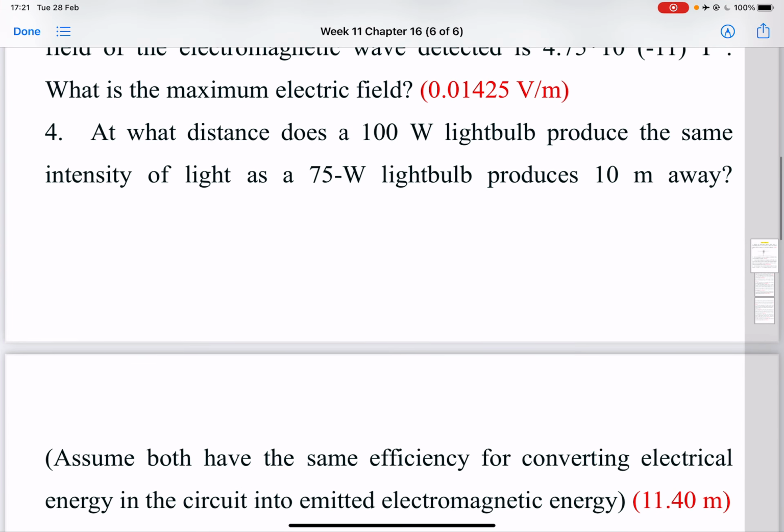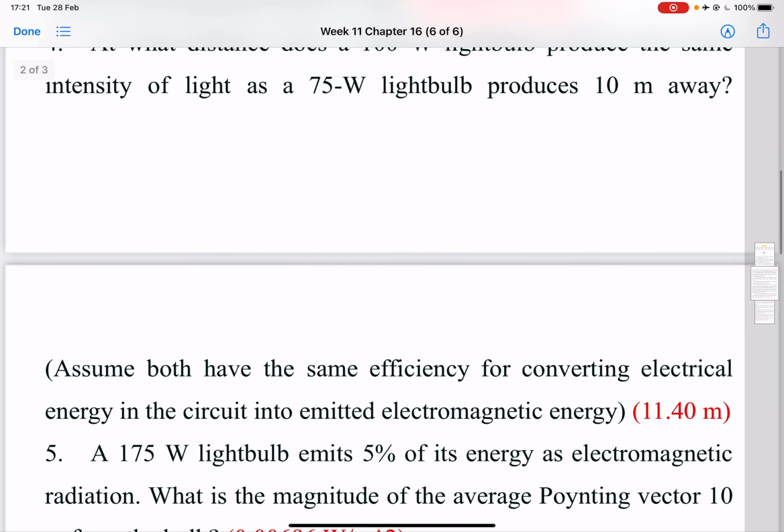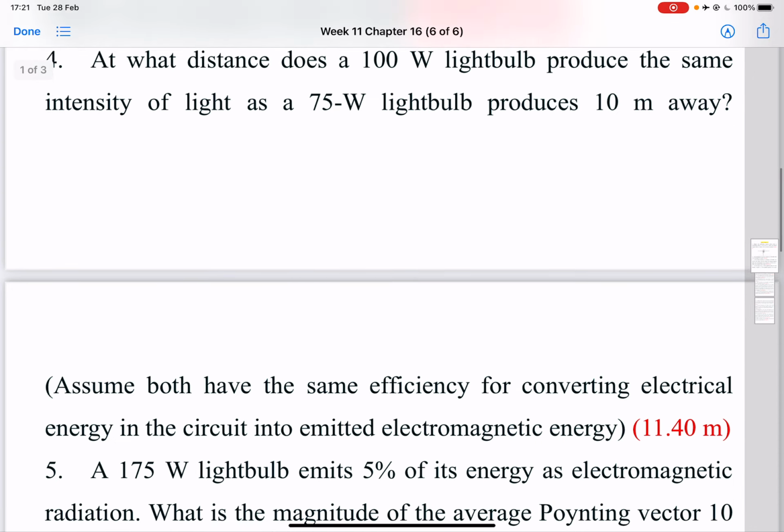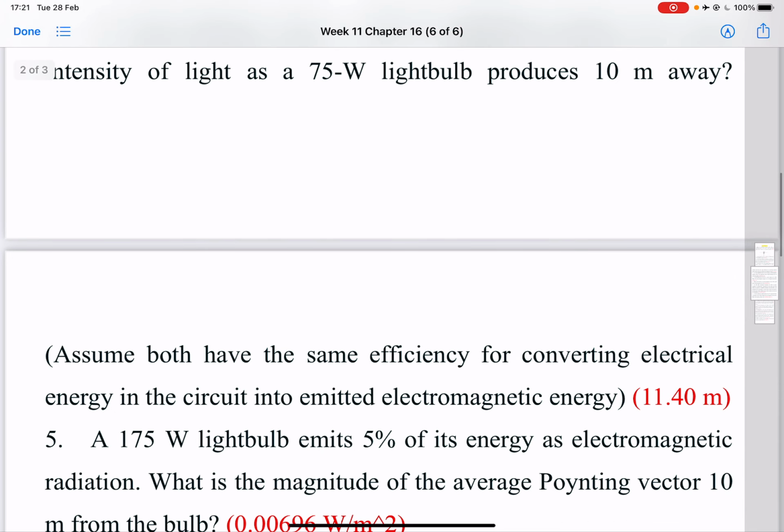Okay, problem number 4. We have a 100 watt light bulb that produces the same intensity of light as a 75 watt light bulb produced 10 meters away. You have to find a distance, correct?